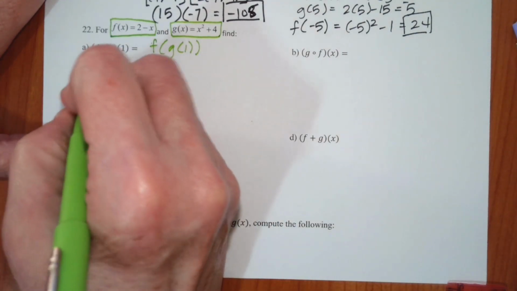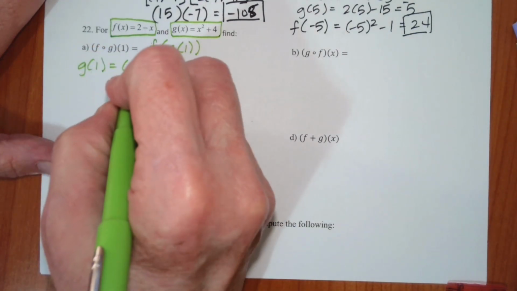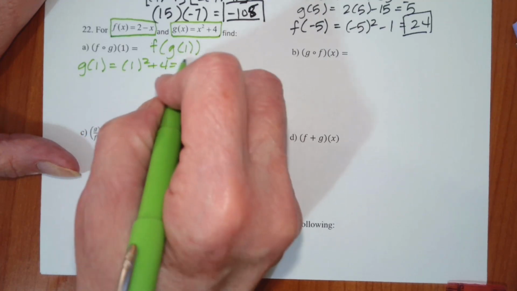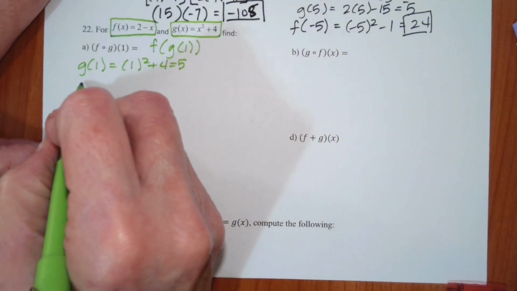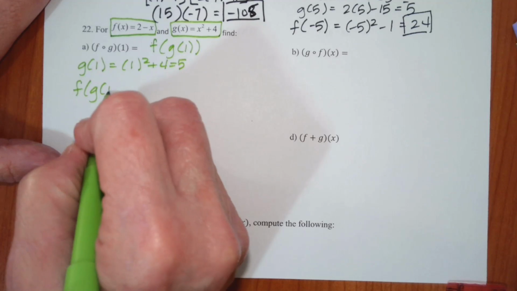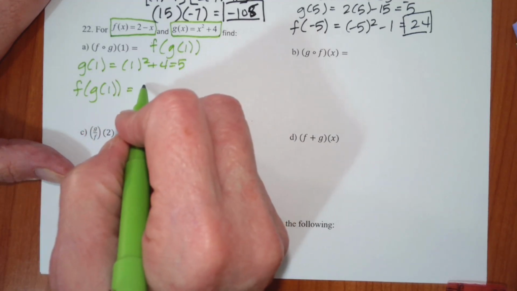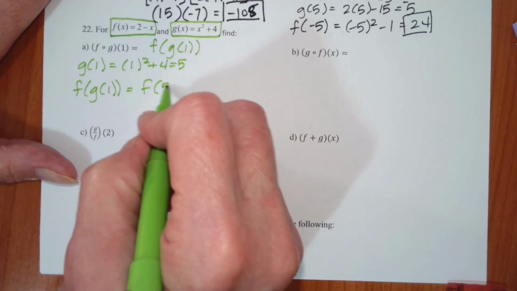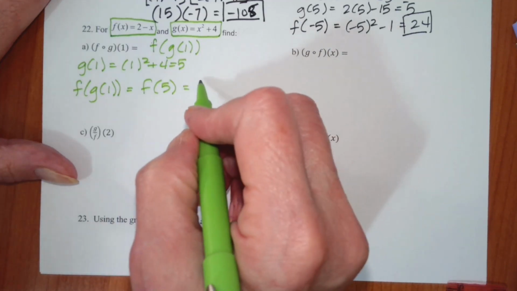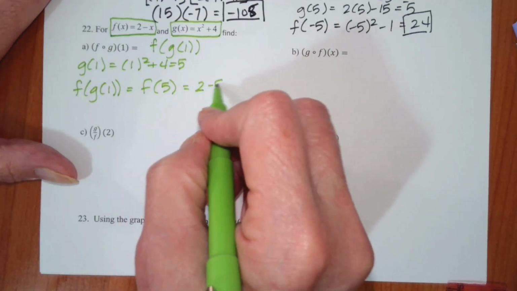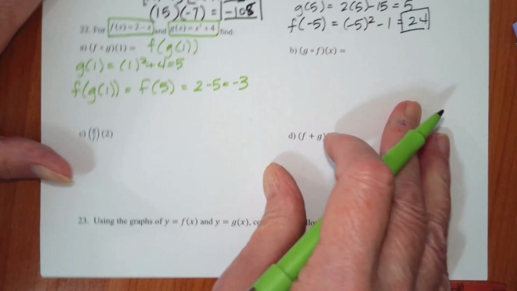Well, g of 1 is equal to 1 squared plus 4, which is 5. So f of g of 1 is equal to f of 5, which is 2 minus 5, or negative 3.